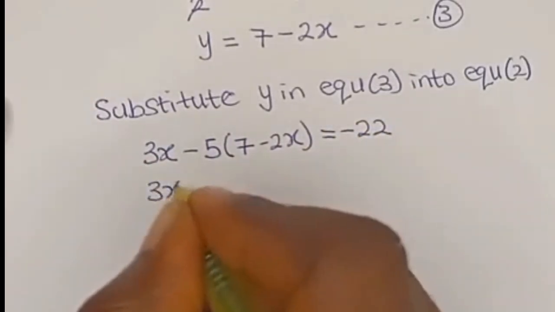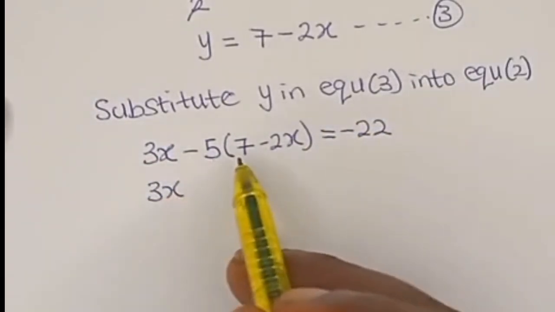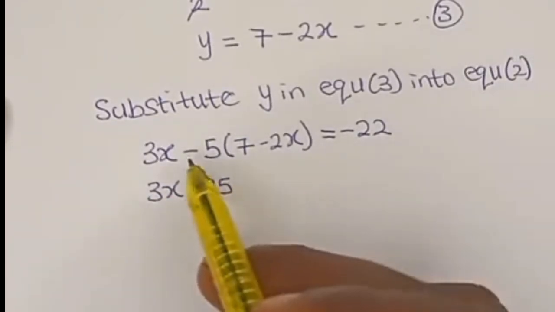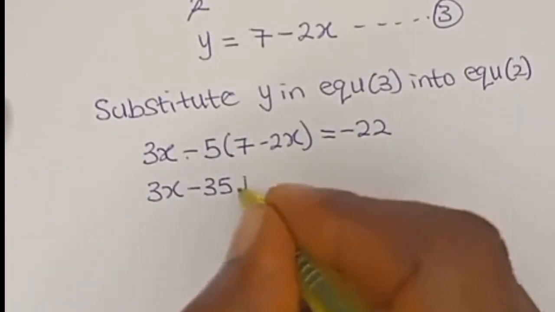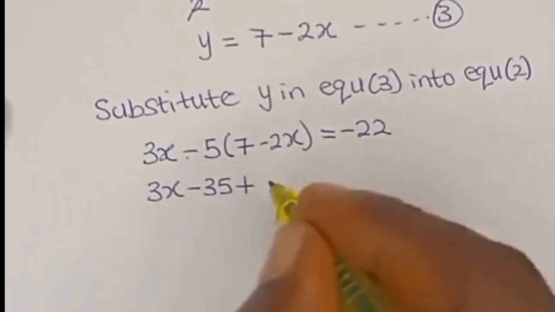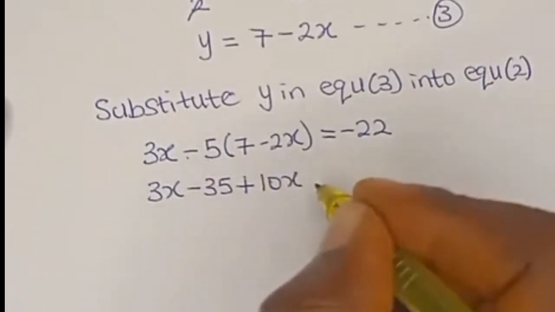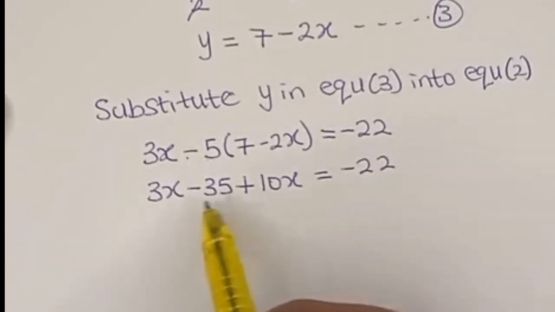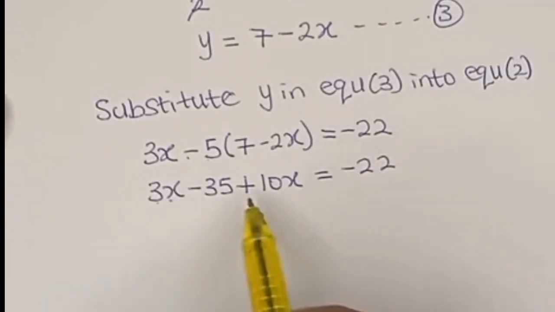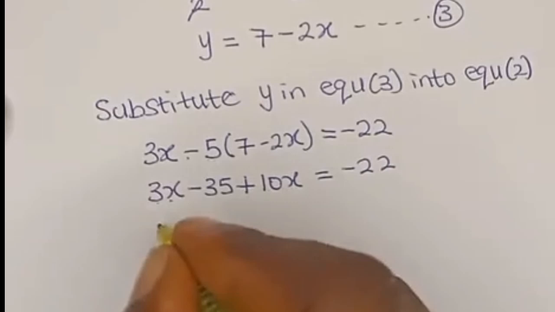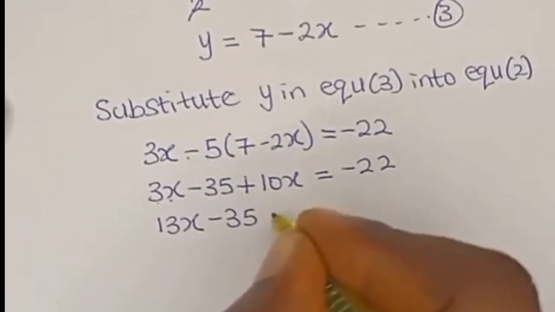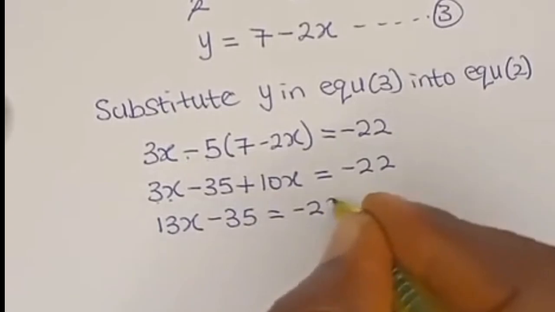So 3x minus 5 multiplied by 7 is going to give us minus 35. Minus multiplied by minus is going to give us plus. 5 multiplied by 2x is going to give us 10x. Is equal to minus 22. Okay, let's bring like terms together. 3x plus 10x is going to give us 13x minus 35 is equal to minus 22.